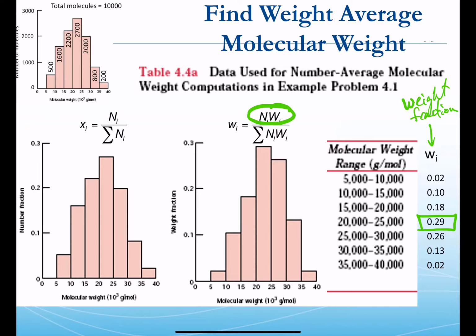Okay, so we can see here in calculating the version here that we would be looking at 22,500 times the total weight fraction of 0.29, and we would divide through by the total mass of sample.